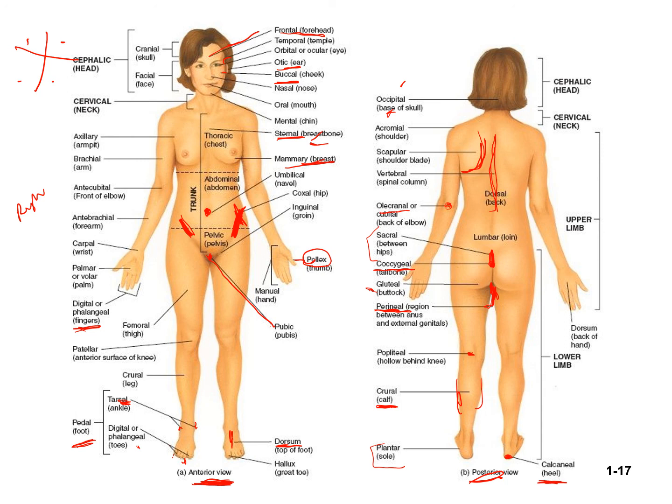So if you move your shoulders, you can feel your shoulder blade moving with the other hand if you place it in the back, that's the scapular region. Acromial region is the shoulder. Occipital region is the base of the skull because you have the occipital bone over here. But the back of the neck itself is called the nuchal region.